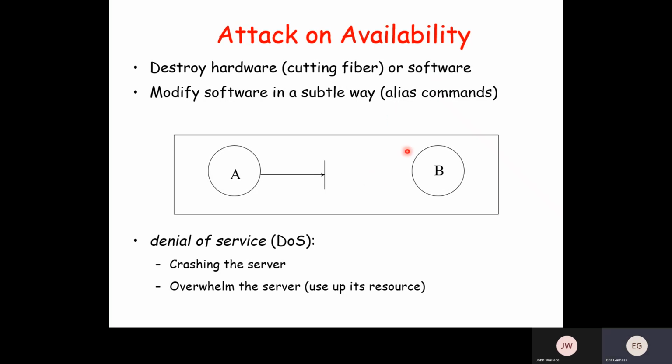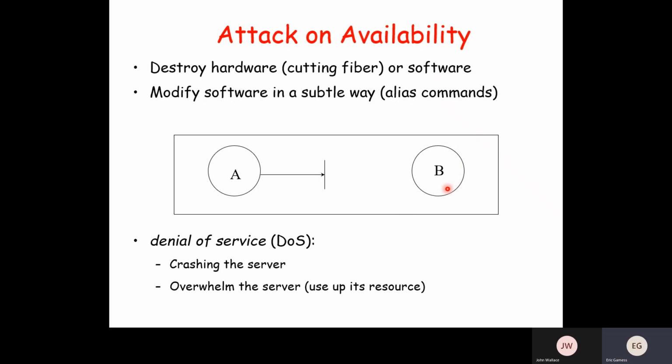Another way for a problem of availability is a DOS attack, denial of service attack. So the hacker will overwhelm the server with petitions. And for every petition that the hacker sends, the server has to use resources: network bandwidth, CPU, RAM.